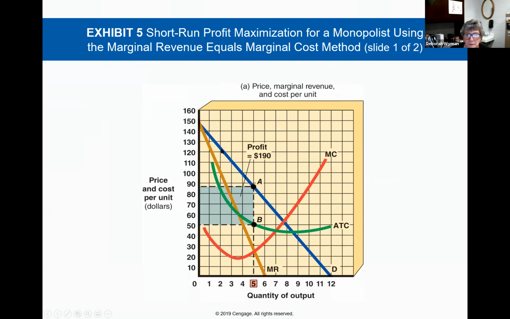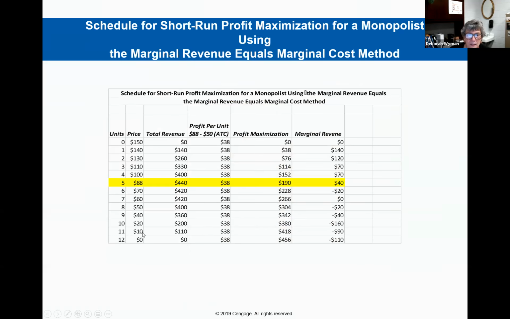At 2, it's at 125. Or 140, 130, 110. I looked at this more diligently before I started talking to you about it. But you can look back and forth on this and see what you would have to charge if these were the units you were making to make a profit.